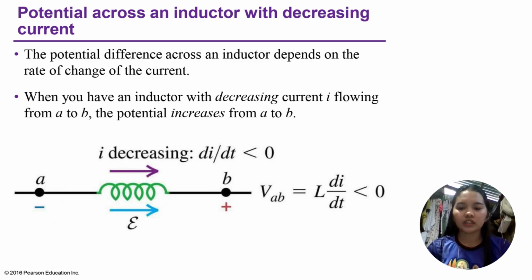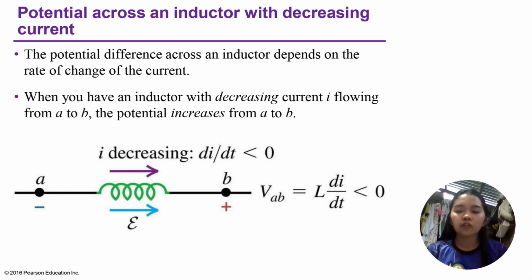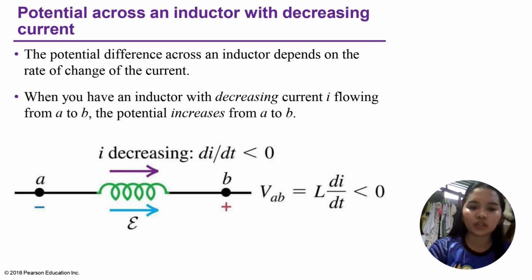So this results in a negative voltage across the inductor, V_AB. In this case, the inductor acts to maintain the current and becomes a temporary source of EMF that tries to prevent the current from decreasing.